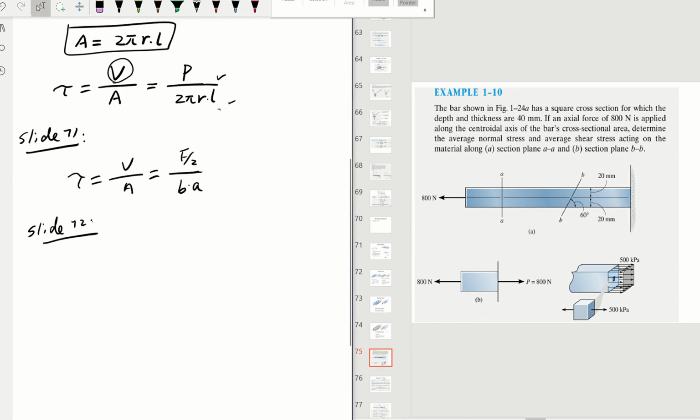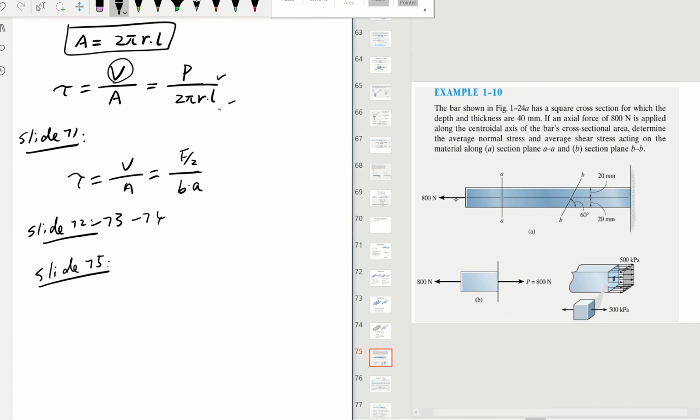So the next example I want to go over is slide 75. That's our shear and normal combined. Let's look at this one. They said that this bar has a square cross-section, where the depth and the thickness are 40, so it's a square.